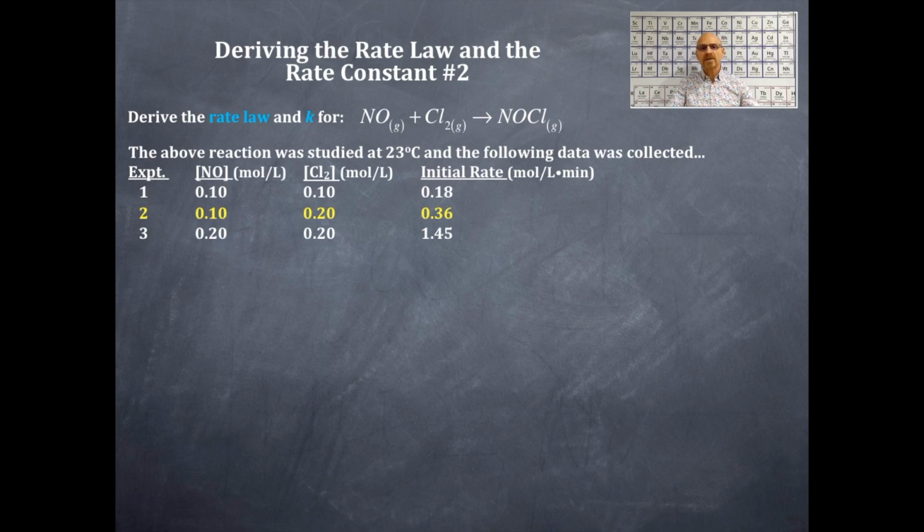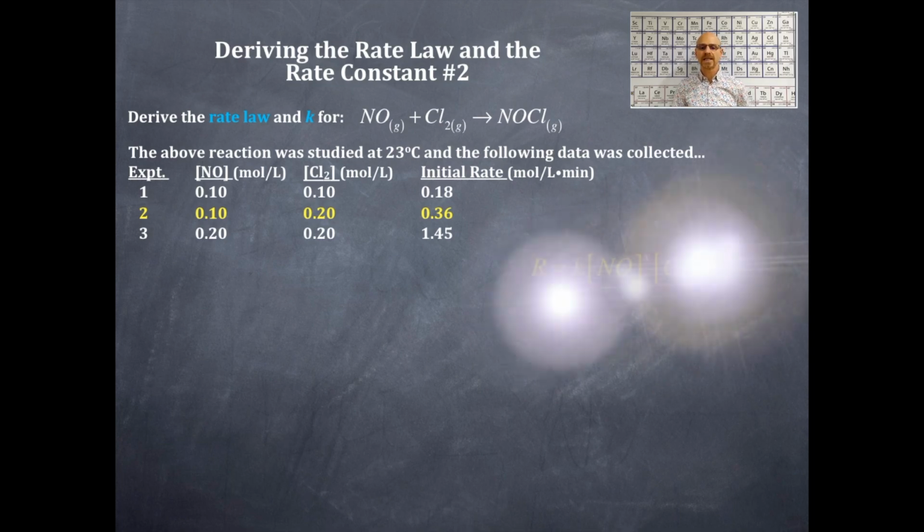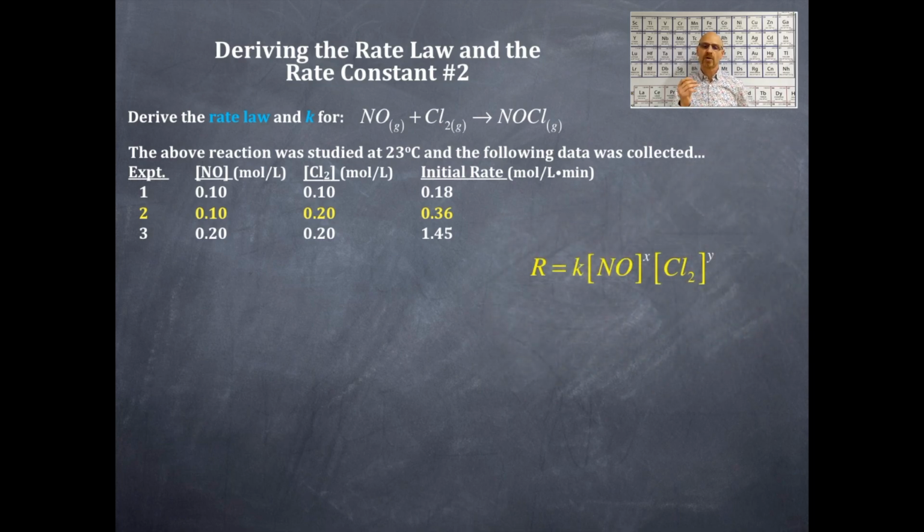So R, the rate, is equal to K, the constant, times NO to the power of X. We're going to solve for X to determine the order of NO. And then Cl2 to the power of Y, and we're going to solve for Y, which is also the reaction order of the Cl2. So we need to solve for X and Y, then we'll have the rate equation, and then we can use the experimental data to determine the value of the rate constant.